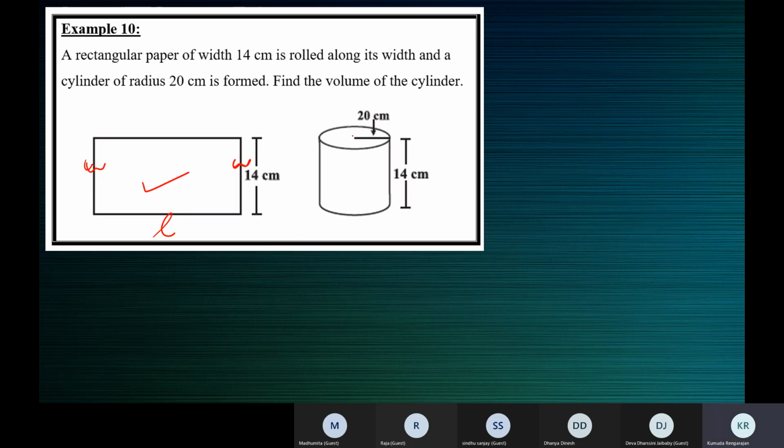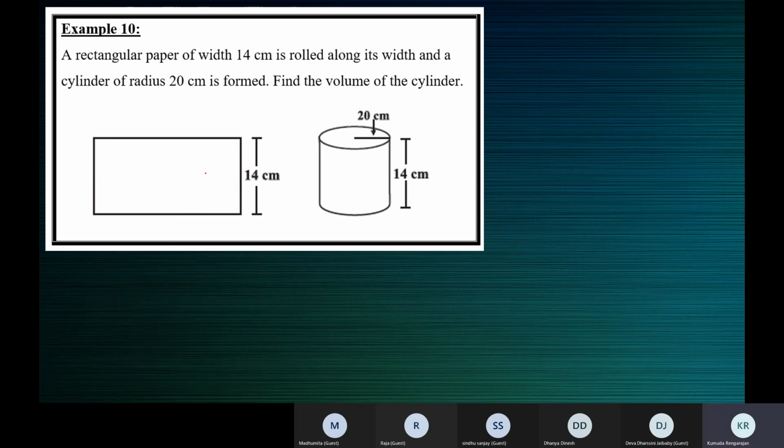Now the cylinder will be open at both ends because it's made by rolling a paper. You can see from one circular end through the other circular end. Neither the bottom nor the top of the cylinder is covered. That's just for your information.